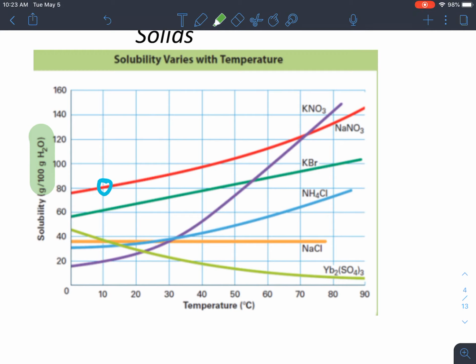Now, if we were to increase that temperature to 60 degrees Celsius, take a look. We're able to dissolve more. We can dissolve about 110 grams into 100 grams of water. So as we increased the temperature, you have an increase in the amount that you can dissolve.